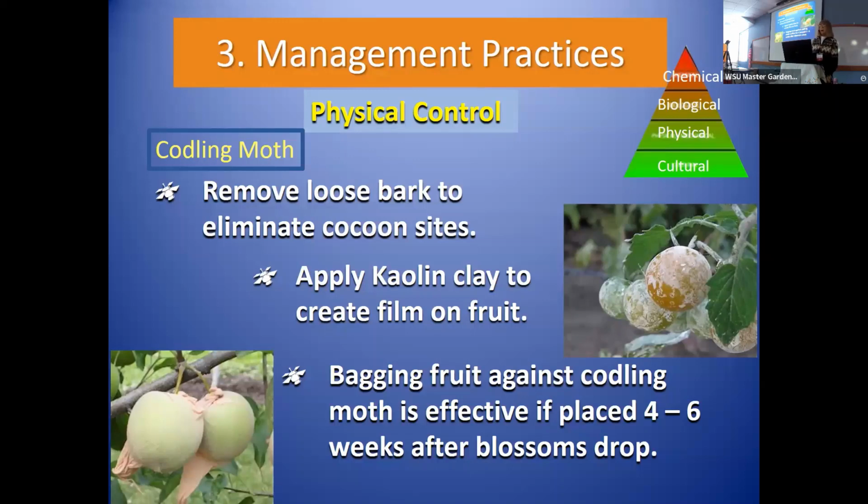Well, the codling moth larvae, when it's in its last stage as a larva, is going to emerge from that apple and walk down the tree and look for a site to pupate. It'll spin a cocoon, and what it's going to look for is loose bark. So the idea is that you want to remove loose bark. By doing that, you are removing potential cocoon sites.